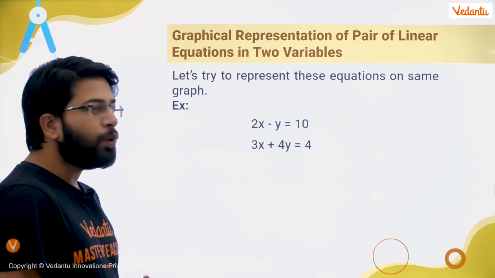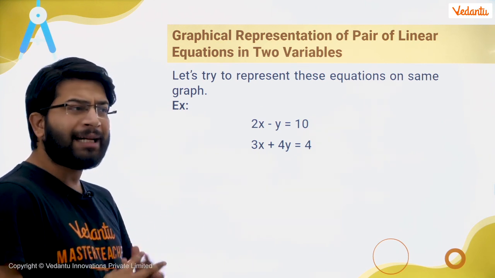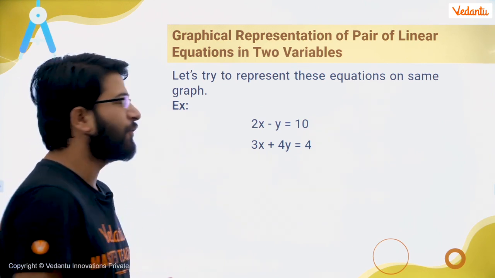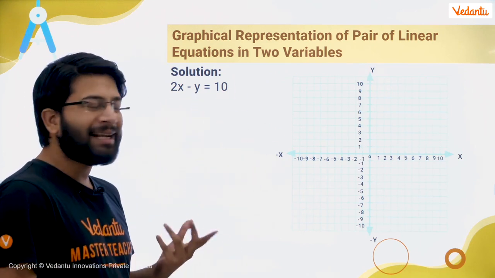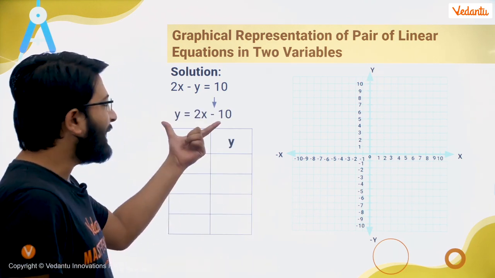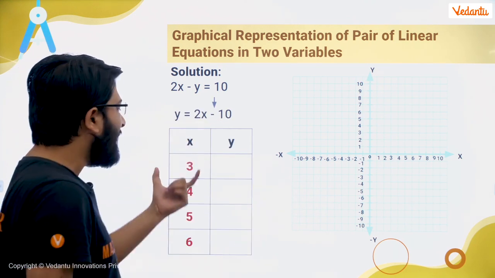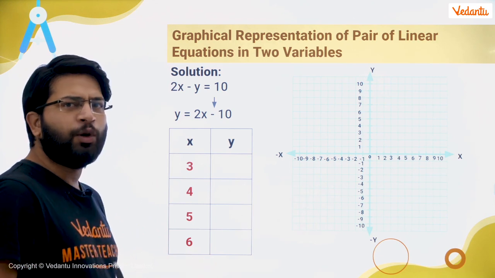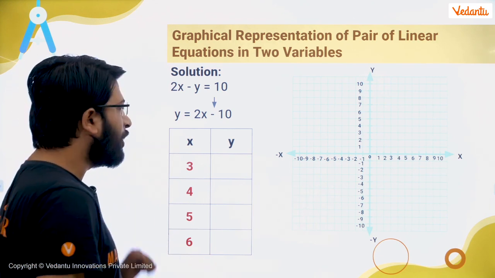Okay champ, now let's see the graphical representation of the same. We have two linear equations and we know how to represent any linear equation on the graph, right? One by one we will represent each equation. For the first equation, we will write y in the form of x. Then we will take 4 random values of x, any values you want. I have taken these 4 values.